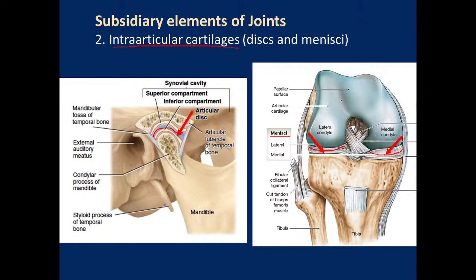By the way, the knee joint has a lot of subsidiary elements, not only disc, not only meniscus, also a lot of ligaments and plicae, etc.